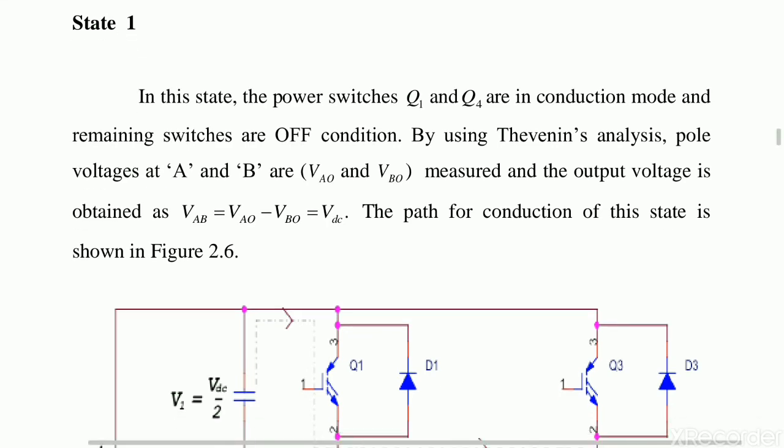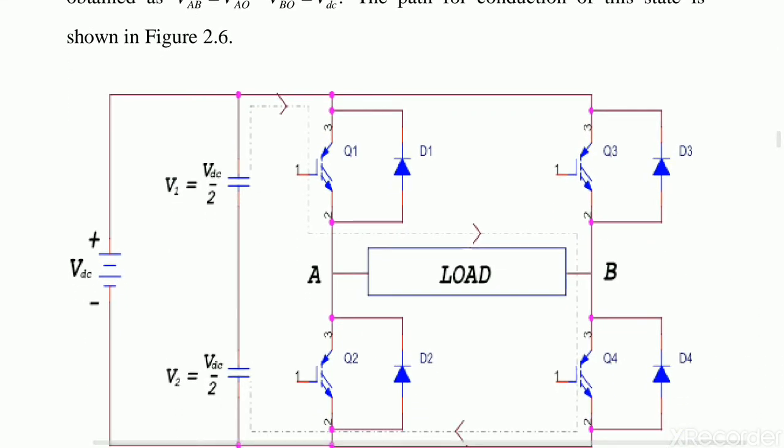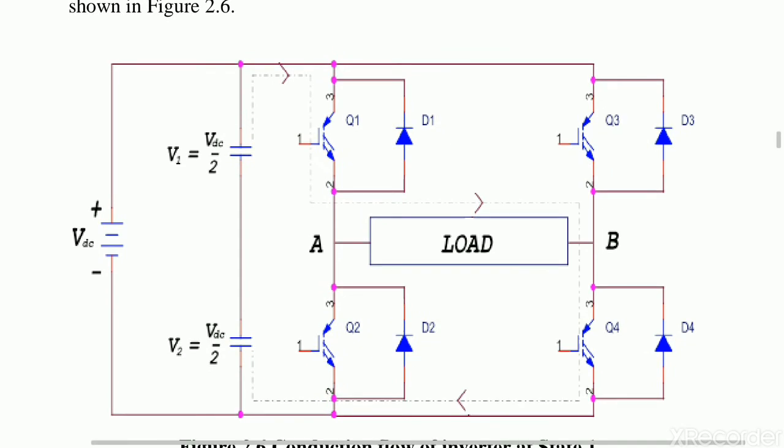So in state 1, switches Q1 and Q4 will be turned on, or we can say triggered. As soon as the switches Q1 and Q4 are turned on in state 1, the direction of current, as we can see, is from the source VDC to Q1, then to the load, so its direction is from point A to point B, again to Q4, and then returning back to the DC supply.